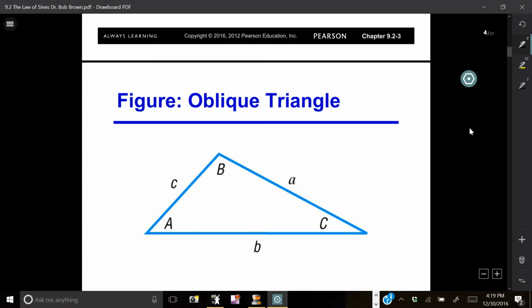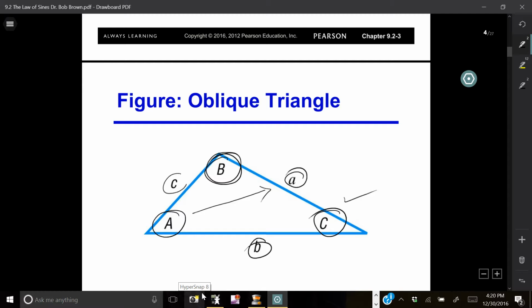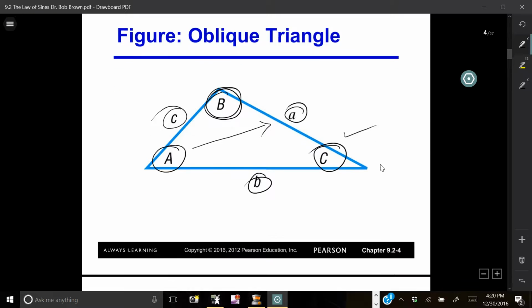So you might start first labeling angles A, B, and C with capital A, capital B, and capital C, and then look opposite the angle and label it little a. Look opposite angle B and label that side little b, and look opposite angle C and label the other side little c.